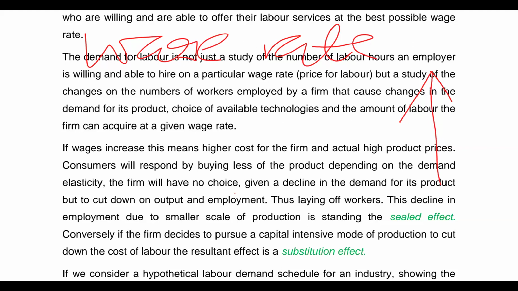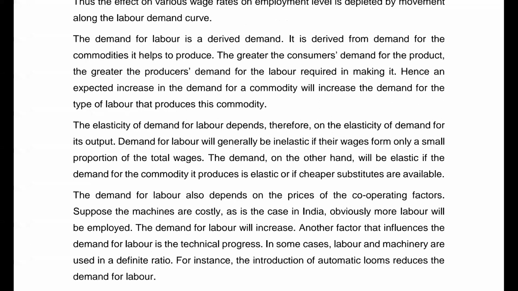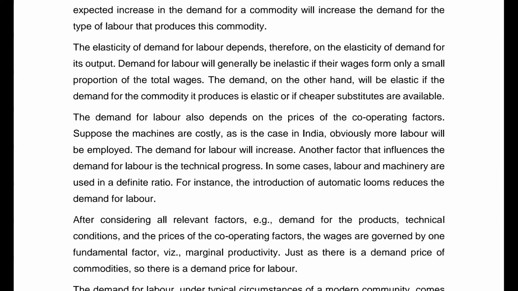The decline in employment due to a smaller scale of production is the scale effect. When all this has been done, you will see that the quantity of labor demanded decreases with an increase in the wage. That's the message we are speaking.